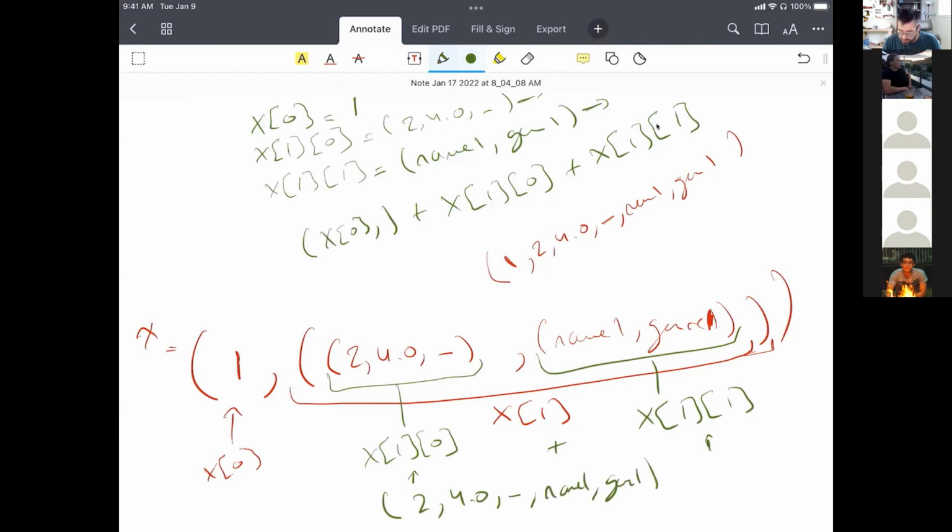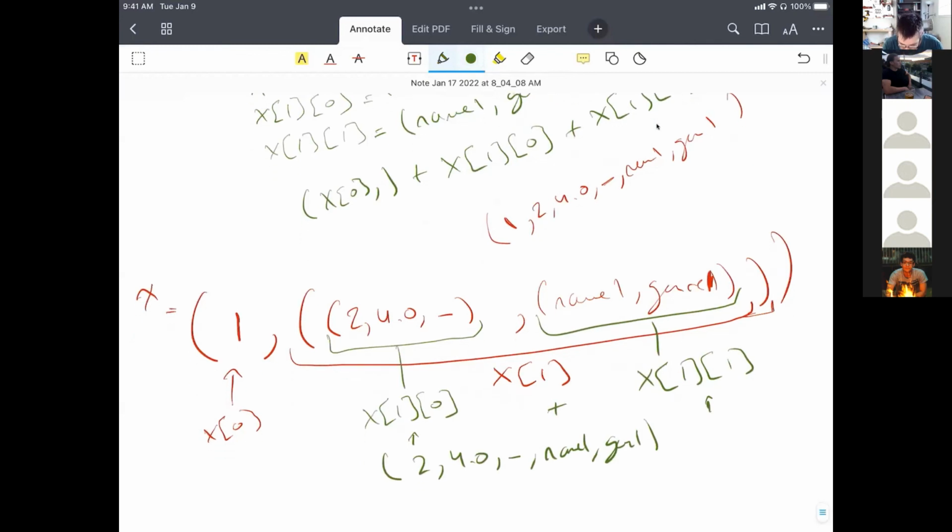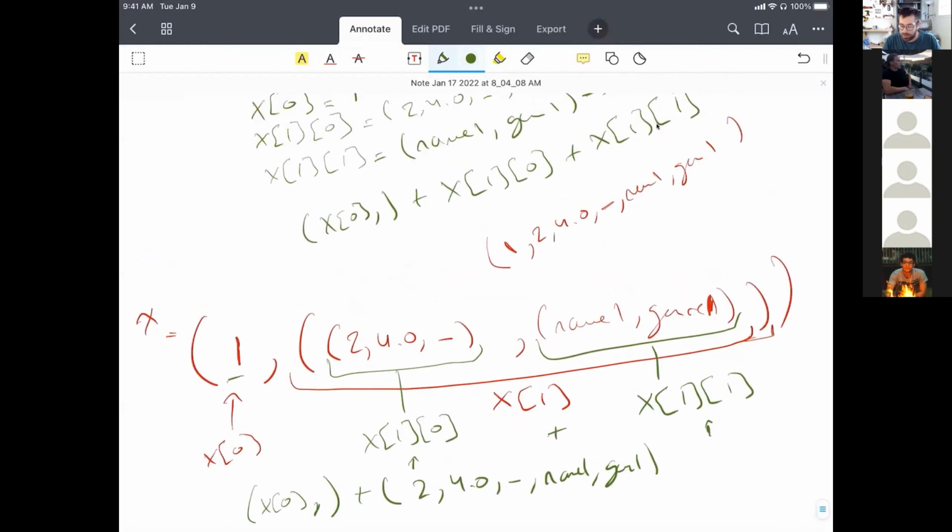Right, yeah. Now we still want to add the movie ID to it. So we're creating a tuple out of the movie ID, because x at 0 is not a tuple. X of 0 is just one value. But we are putting it in a tuple with one element, and we're adding it to this. And therefore it's adding everything together and resulting in this.